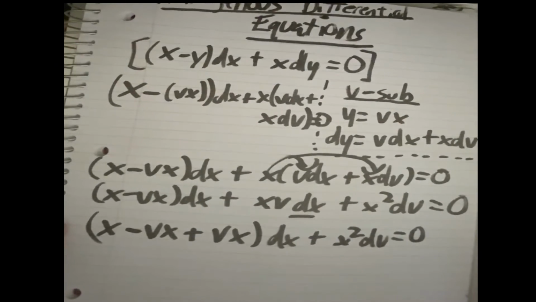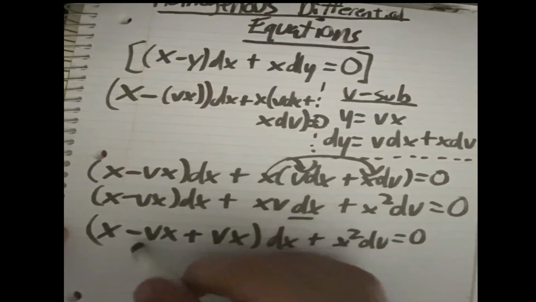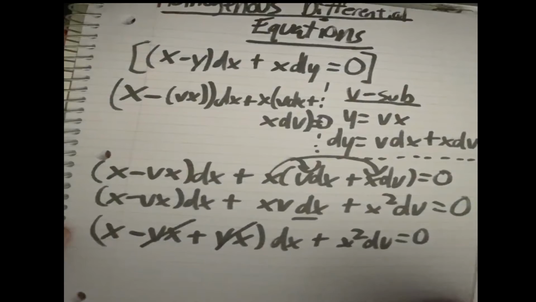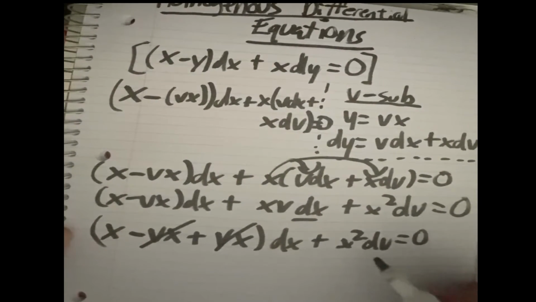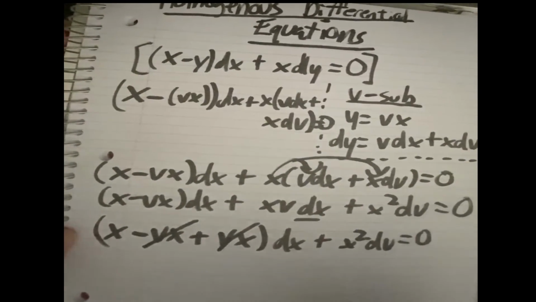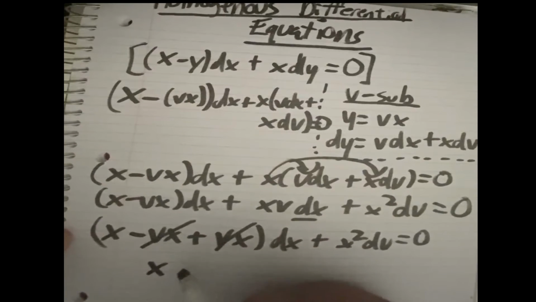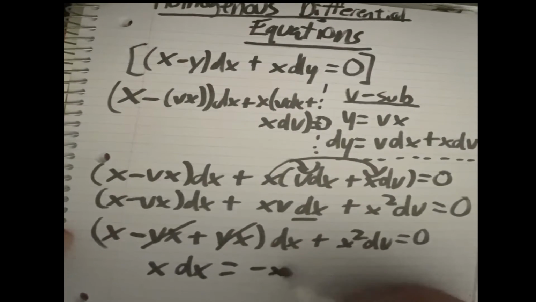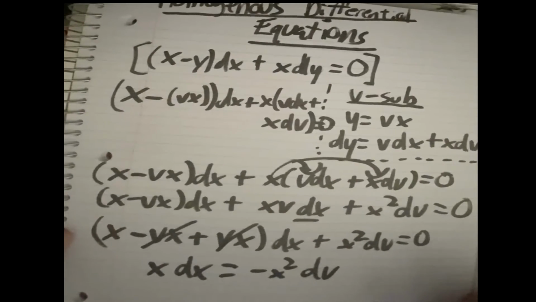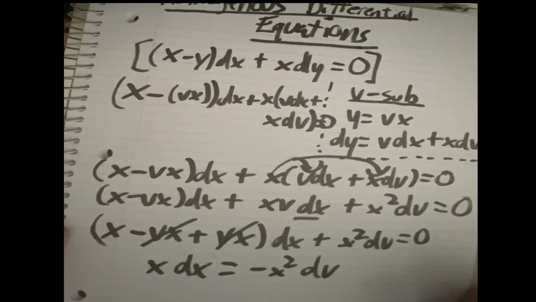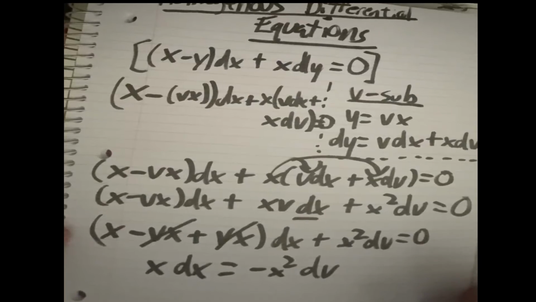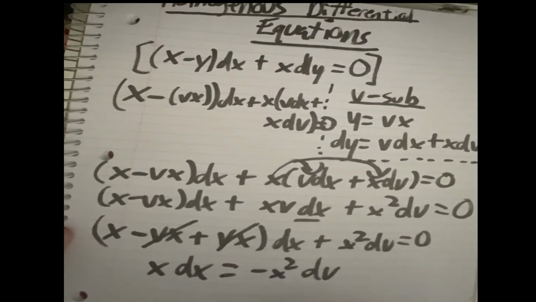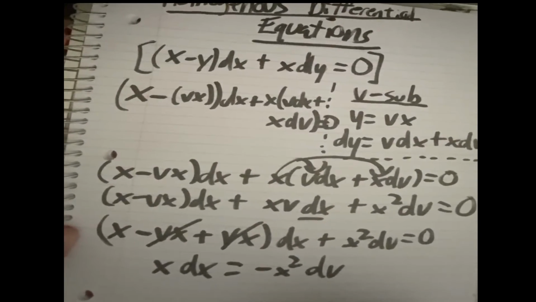So the next step would be to cancel out these, simplify further, and let's go ahead and bring this dv term to the opposite side. So we're left with x dx is equal to negative x squared dv. So now what we do next is we bring all the x terms to the x side, right?